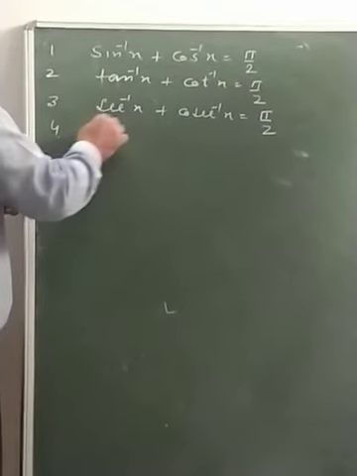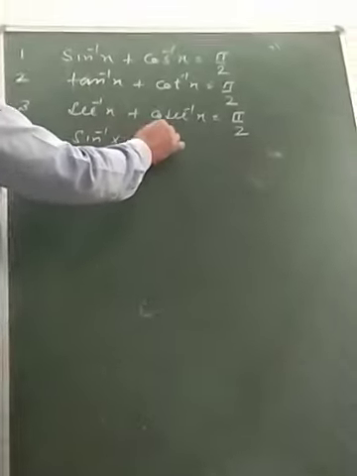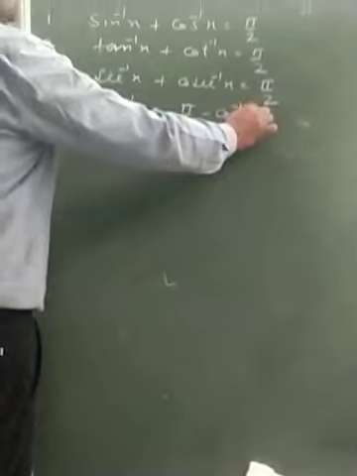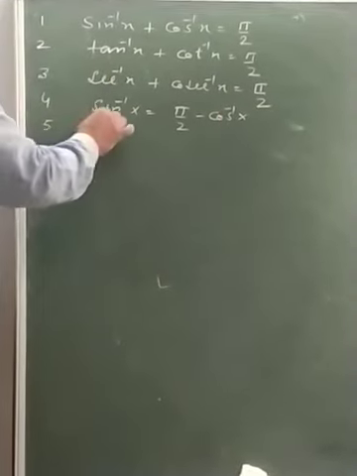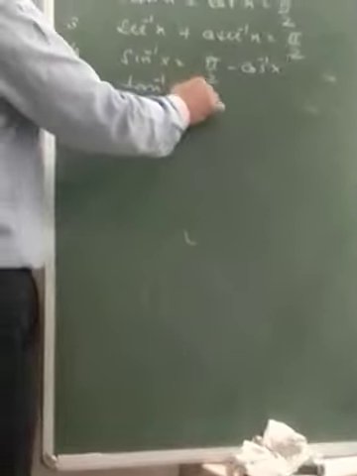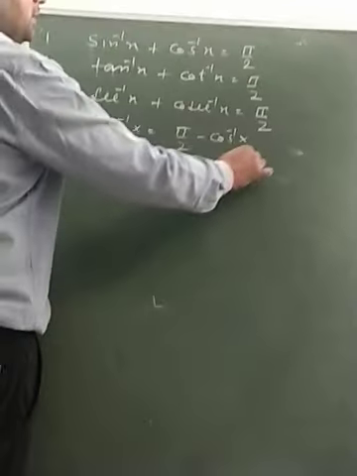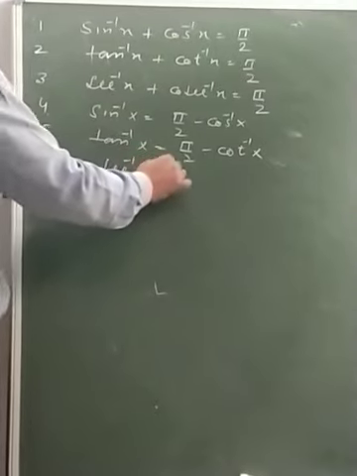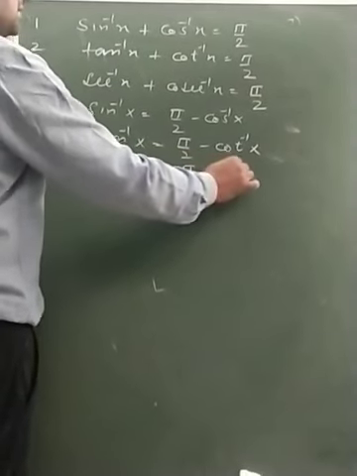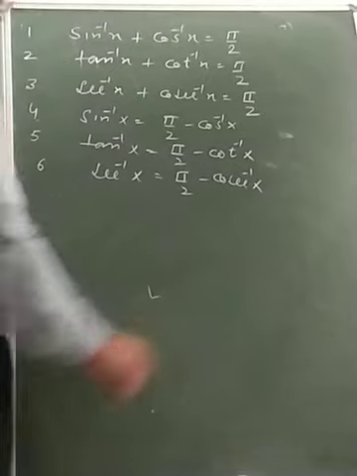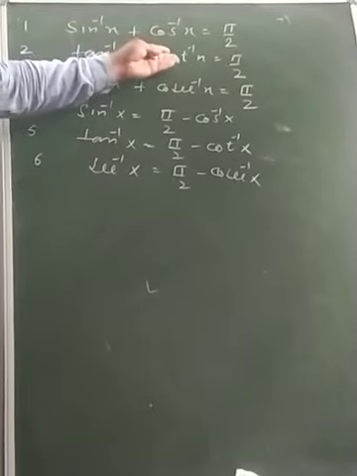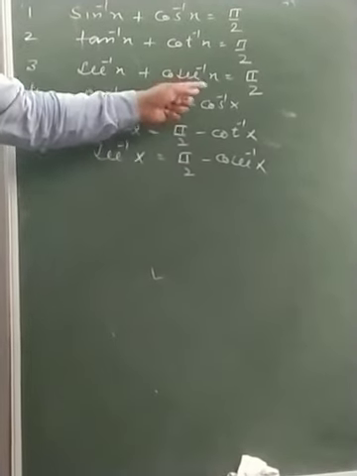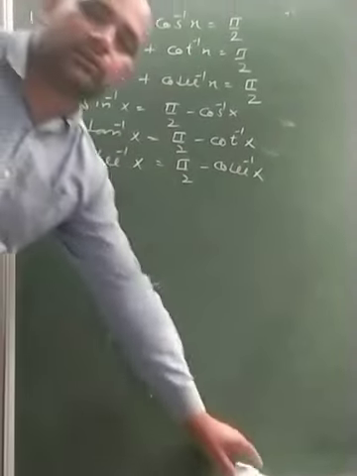For example, sine inverse x can be written as pi by 2 minus cos inverse x. Tan inverse x is written as pi by 2 minus cot inverse x. Secant inverse x is written as pi by 2 minus cosecant inverse x. Similarly, cot inverse x is pi by 2 minus tan inverse x, and cosecant inverse x is also pi by 2 minus secant inverse x.